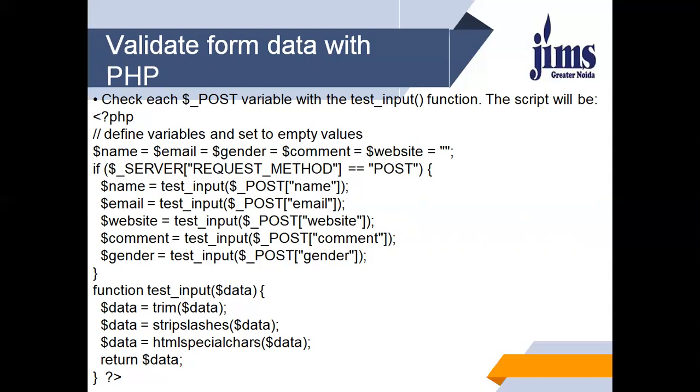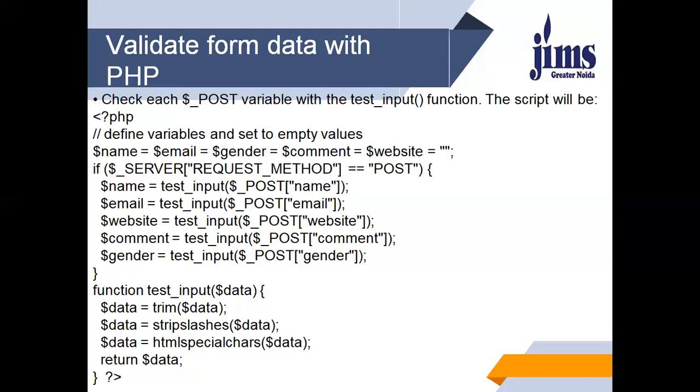So we can do few more things. When user submits the form, we can strip unnecessary characters, extra space, tab, new line from the user input data with the PHP trim function. You can remove backslashes from the user input data with the PHP stripslashes function.